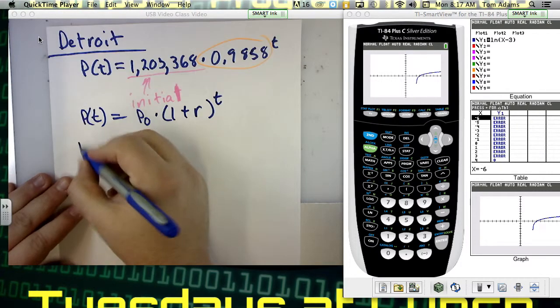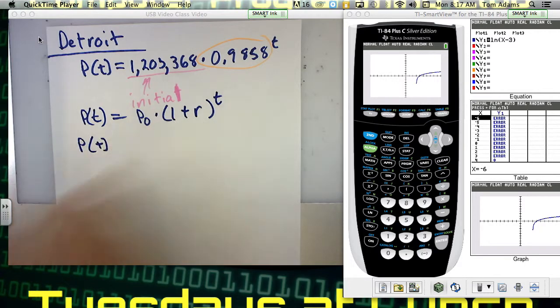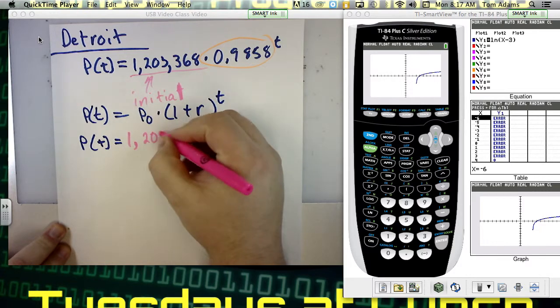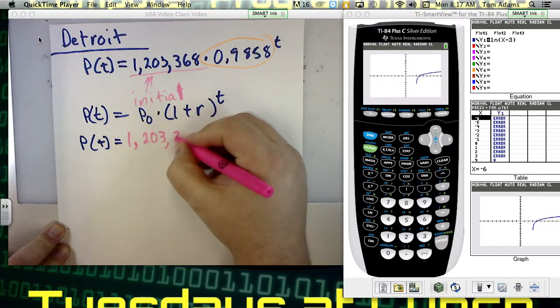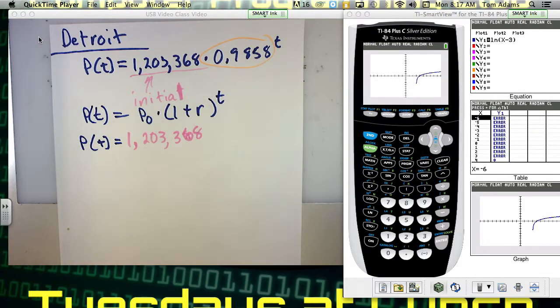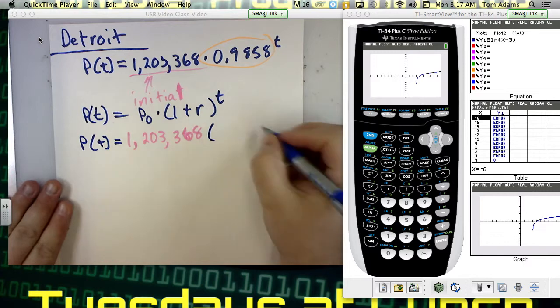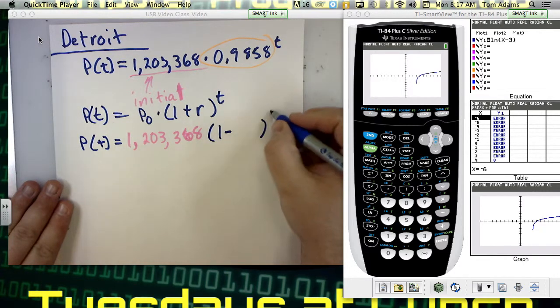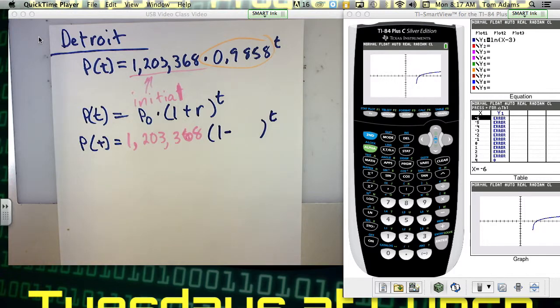So if I rewrite my equation, my population as a function of time would be 1,203,368, right? And then over here, I'm going to say 1 plus or minus a number raised to the t.